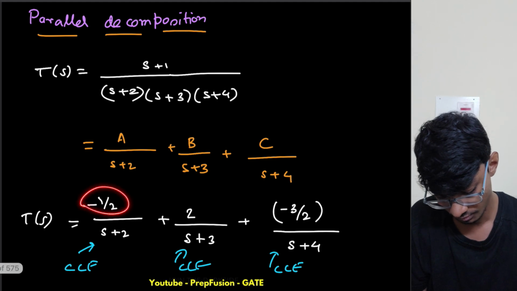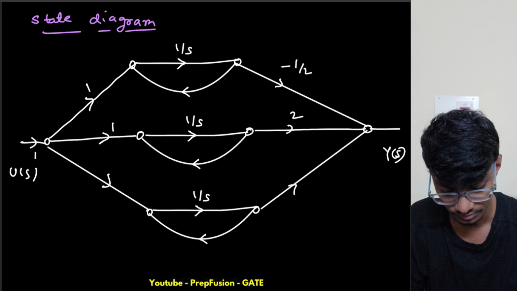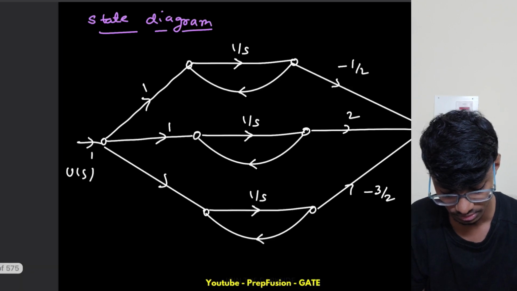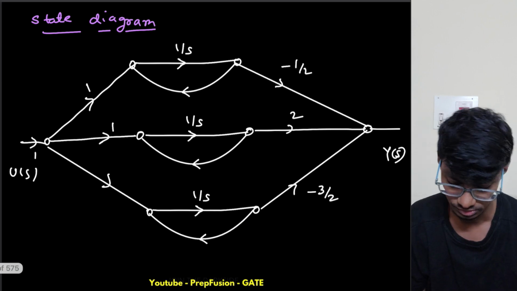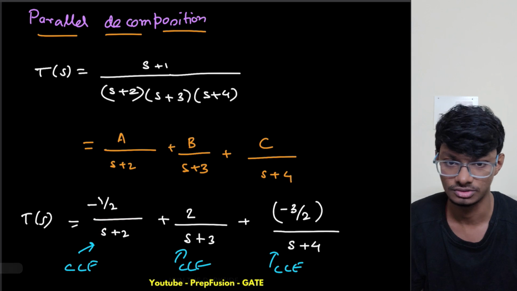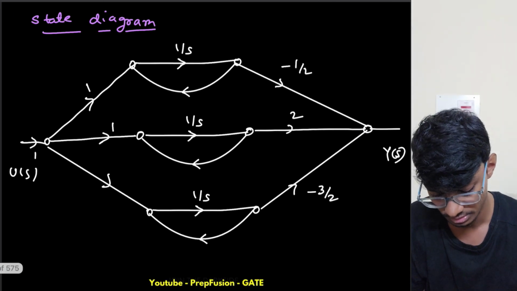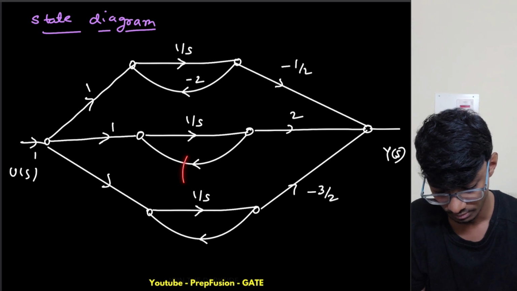This becomes minus of, let me name the first one minus of this one 2, and this one -3 by 2, minus of 2. The first one has s plus 2, so this will be simply s minus 2.